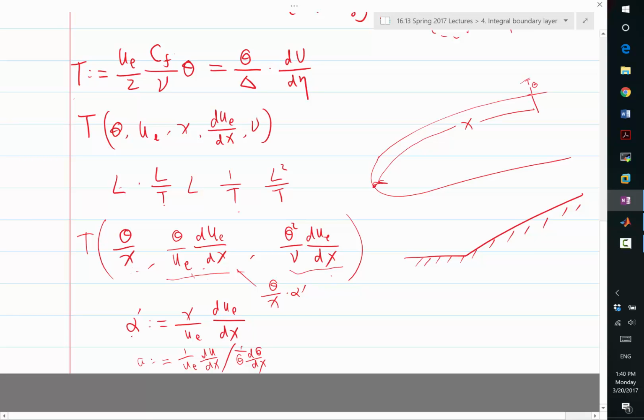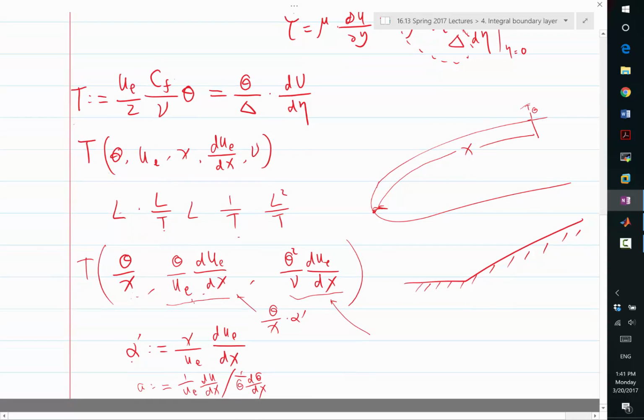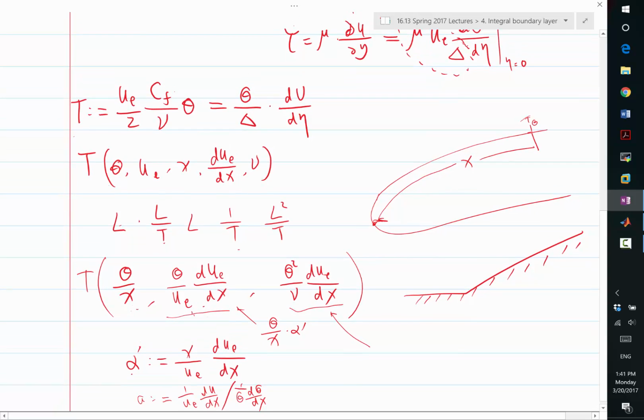That is true because dUE/dx is my alpha prime, which is unique for every Faulkner-Skan family member. So dUE/dx is alpha prime divided by x times UE, and I multiply this by theta squared over nu.